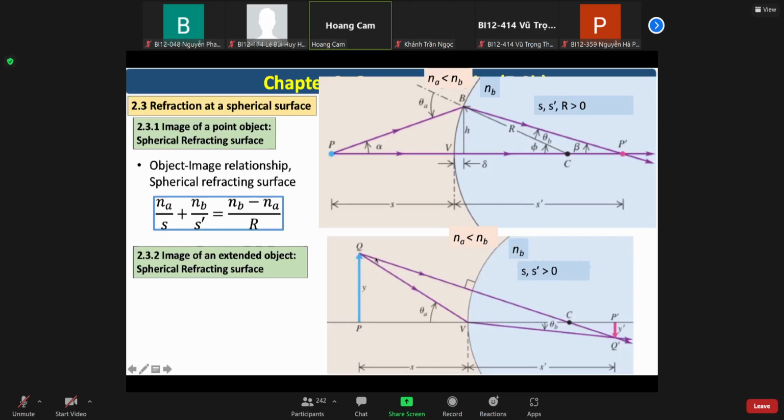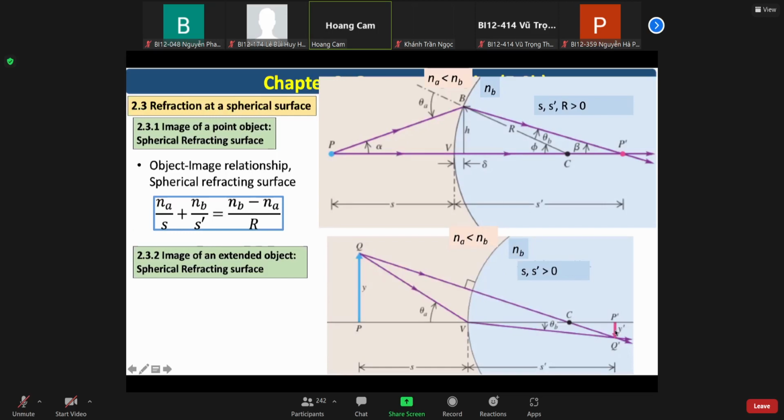And for the second incident ray, you should choose one which also passes through the center of curvature. So we choose this second incident ray. So the refracted ray also passes through the center of curvature. And we have the intersection of the two refracted rays, right? So you get here Q prime, the image of the point Q formed by this spherical refracting surface. And as we can see, these two refracted rays actually intersect.